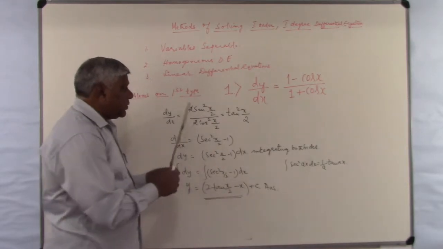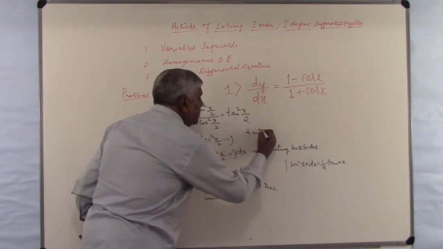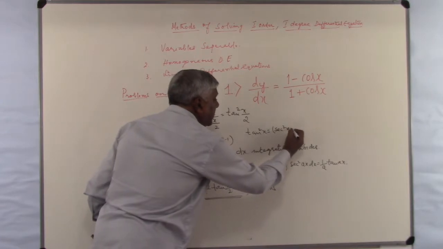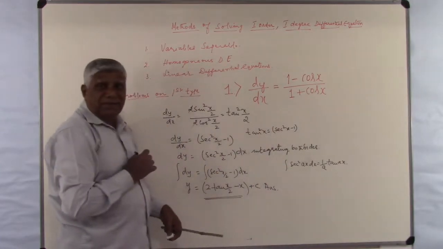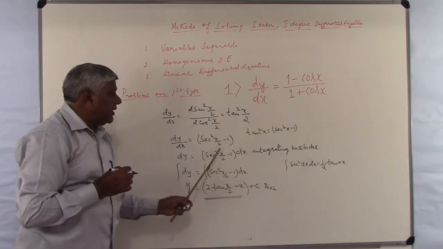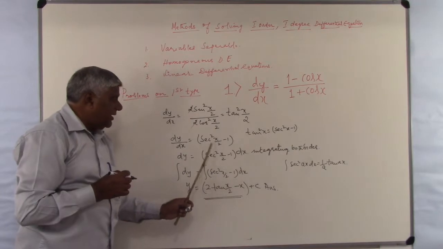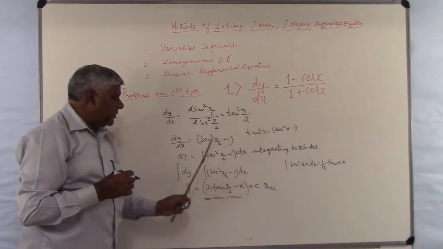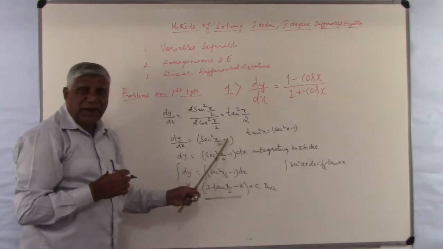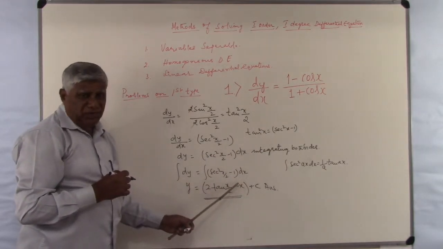But tan square x you can write as secant square x minus 1. So instead of x we have x by 2 here. Therefore, instead of tan square x by 2 we have written secant square x by 2 minus 1. That is how it has been written, and the problem follows.